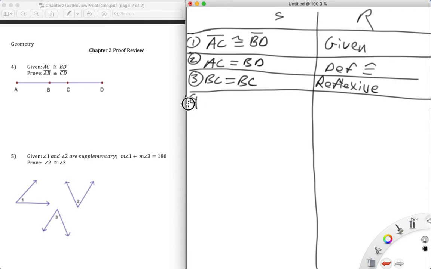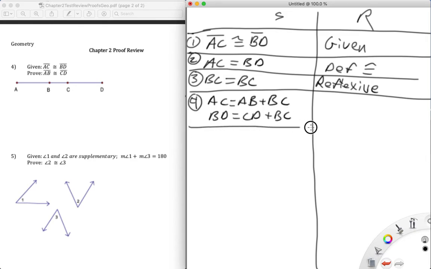Next, I can say that AC is equal to AB plus BC. I can also say that BD is equal to CD plus BC.